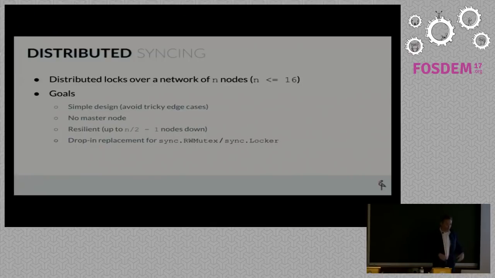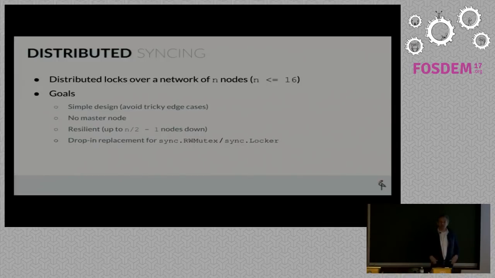So the API or the interface is synonymous to the sync.RWMutex and the sync.Locker interface. As part of our requirements, we set the maximum number of nodes to a total of 16. You could, if you wanted to, push that number up a little bit, but 16 is good enough for us.